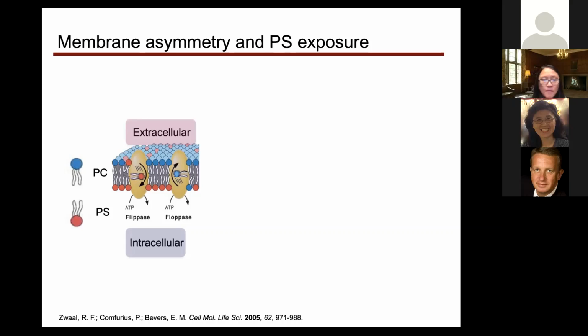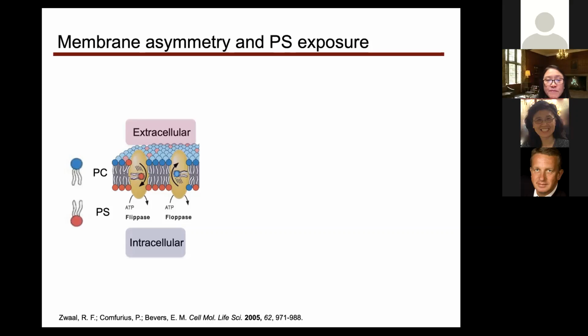Okay. So in this case, I want to turn to just a little bit of the motivation of what we are looking at. In this particular case, we're looking at the membrane asymmetry and what happens when you have a disease state of a cell membrane. So as you know, the membrane keeps its negative lipid on the inner leaflet of the membrane of the cell, and with it not being exposed to the outside.